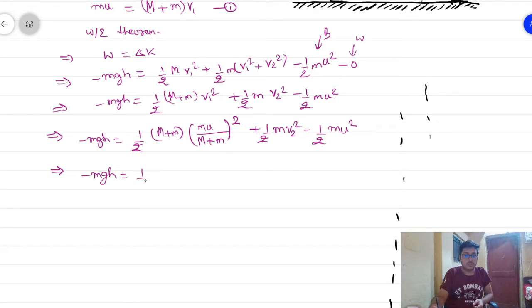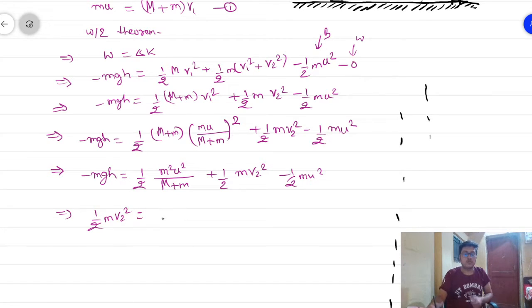Minus mgh equals half m square u square over (M plus m) plus half m v2 square minus half m u square. We'll get half m v2 square equals half m u square minus mgh minus half m square u square over (M plus m).